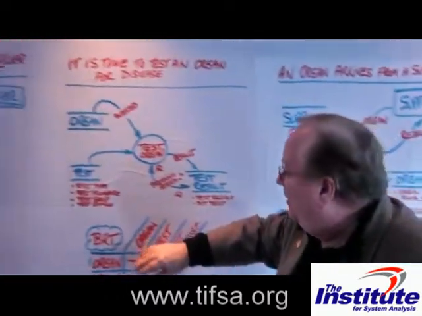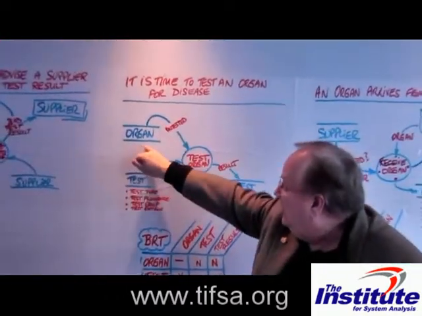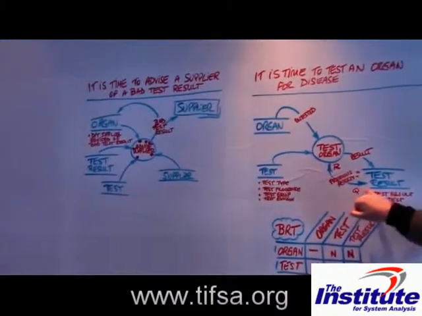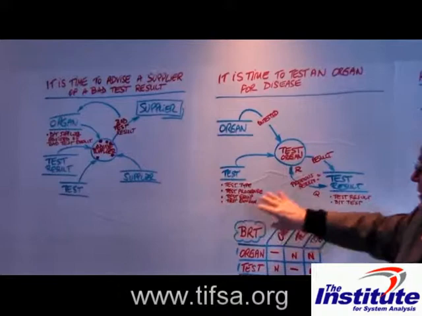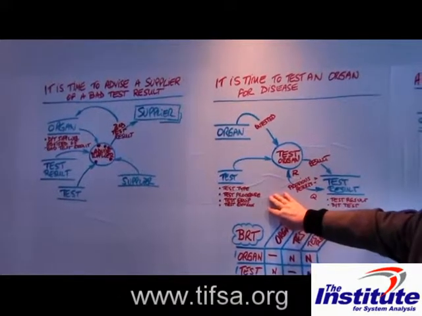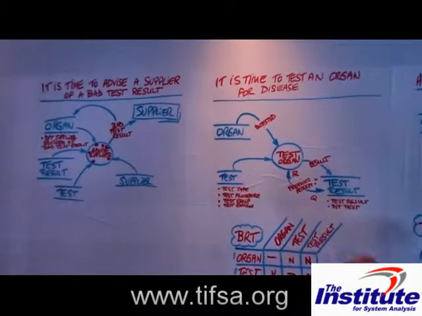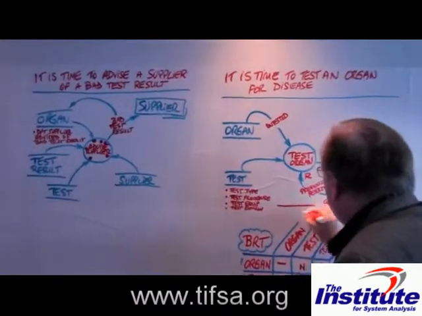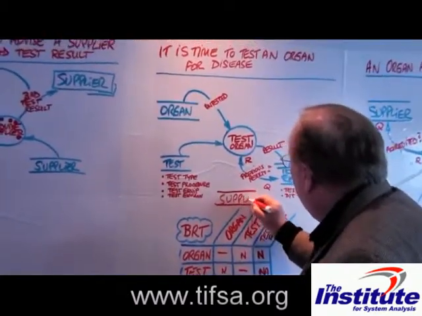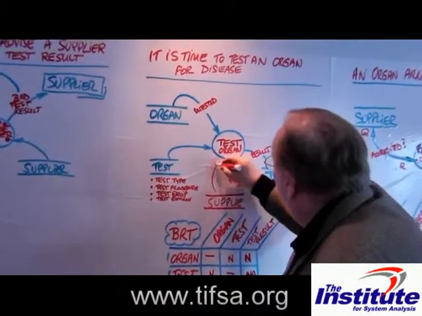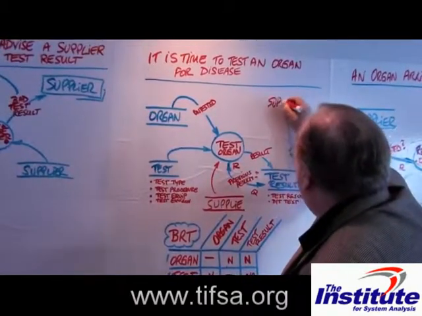Then we could have added, because we have organ over there and here, we have test result here and over there, we have test here and there, so I'd need to add supplier. If I add supplier, and I'm just going to show you what happens by putting it here, and I'd have to put it here as well.